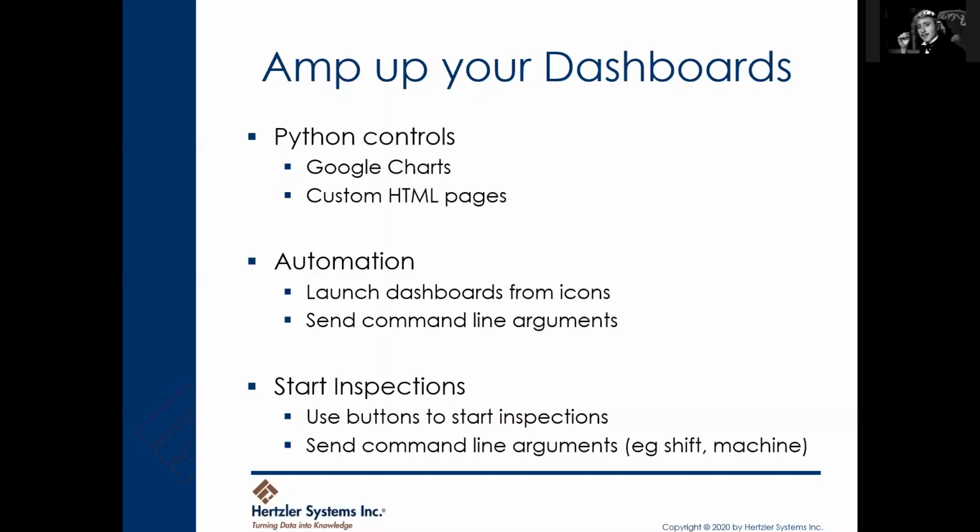We have several customers doing that, and we also have several using custom HTML pages. I said HTML instead of web because this doesn't necessarily mean web pages that are out there on the internet, but custom HTML pages, just a way of displaying information. For example, we have at least one customer who's using it to read out real-time values from an OPC server. Which is not normally how you would use it, but you can do that, which is pretty cool.